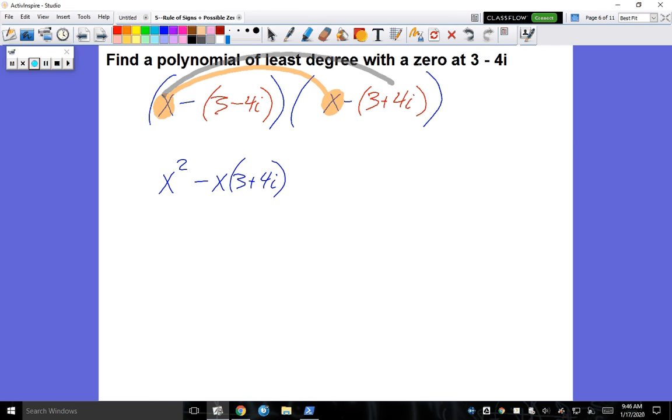Okay? What would we get here? Negative x, same thing. You see what's happening? All I did was distribute these middle pieces right here to get that.